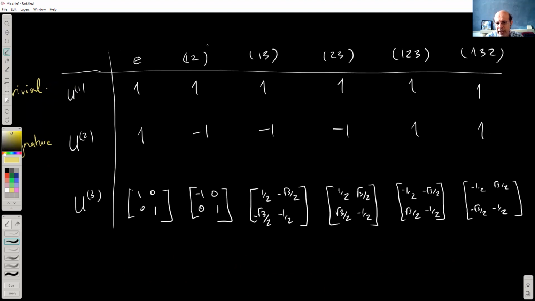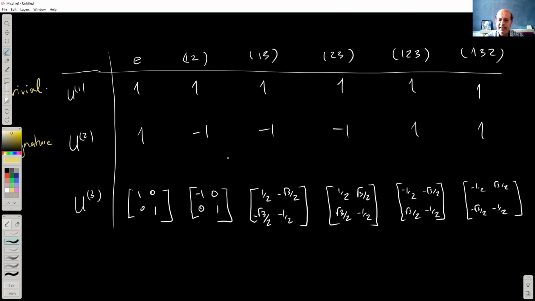Let's just remember, these are all transpositions, so transpositions are always odd. And these are three cycles. We have said that a three cycle can be written as a product of two transpositions. So these are all even, right? So the even permutations have signature 1, and the odd permutations have signature -1.